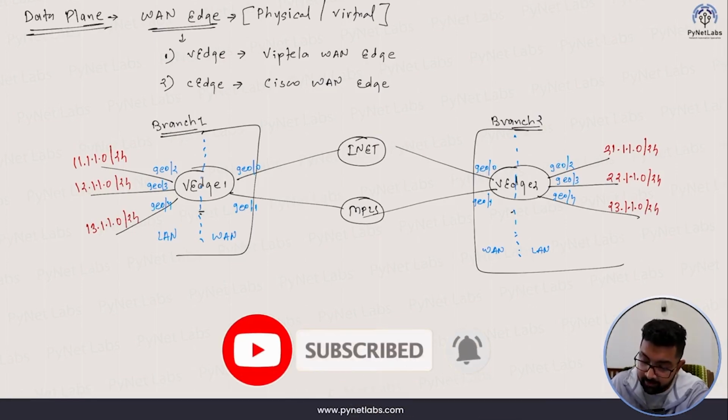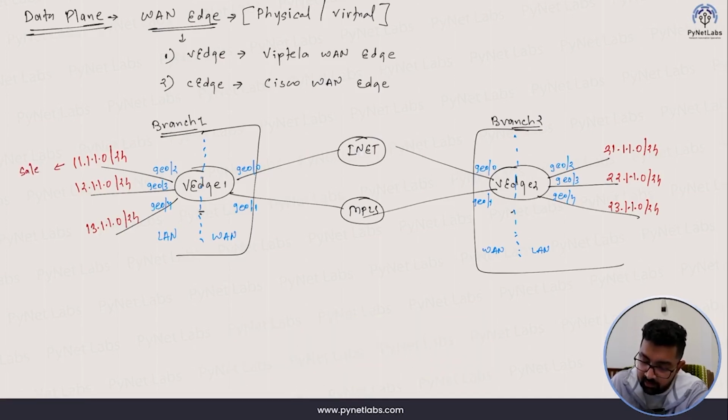If we say that this network belongs to the sales department that is available in the organization, this network belongs to the marketing department, and this network belongs to the R&D department. Similarly, this network belongs to sales, marketing, and R&D.